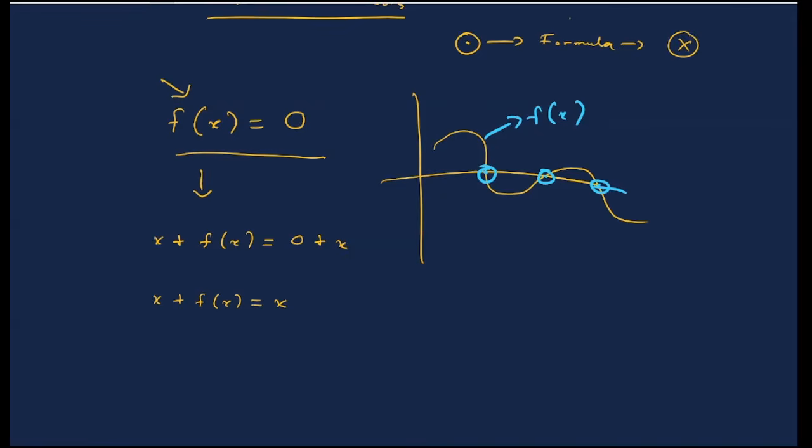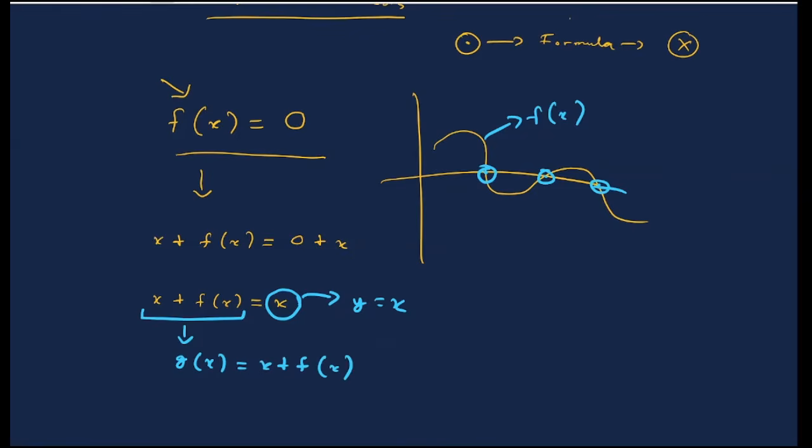Now look here, at the left-hand side, we still have a function of x that we can denote as g(x). And at the right-hand side, we have another function of x, which is x, or if we want to draw it in separate form, this is basically y = x. And in this part, we have g(x) = x + f(x).